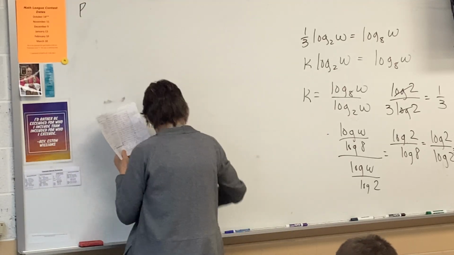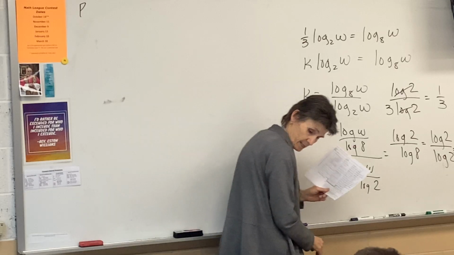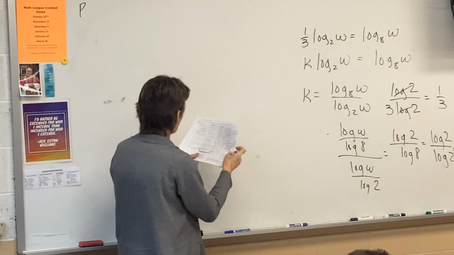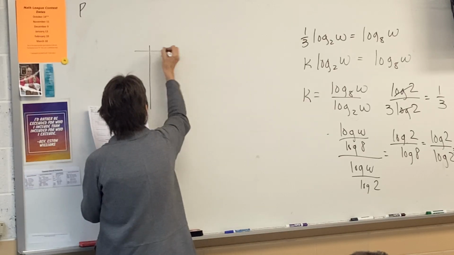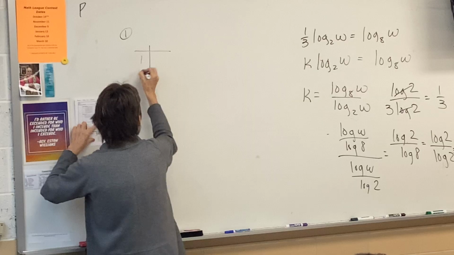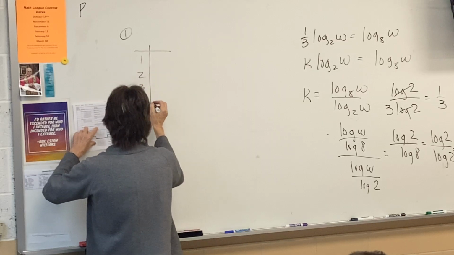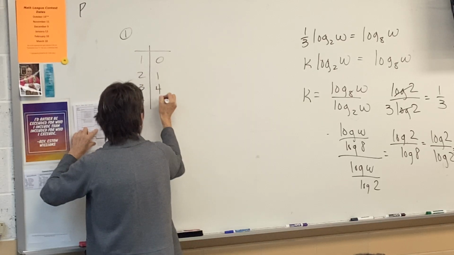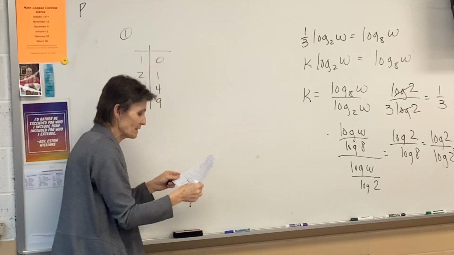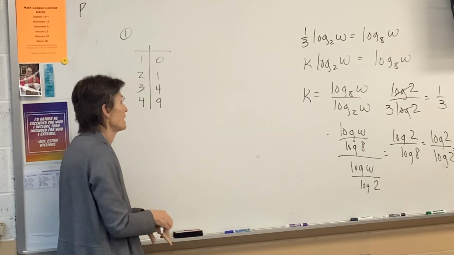This question does deal with the tables. This is 1.3, so we have table number 1, which is 1, 2, 3, 4, and 0, 1, 4, 9. Let's just start with that one. Describe and explain the concavity for both tables.